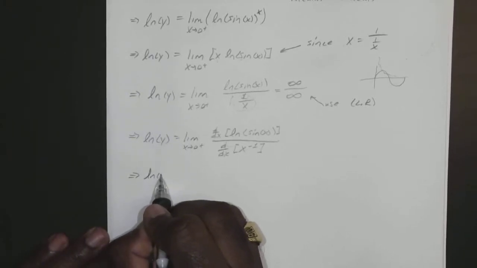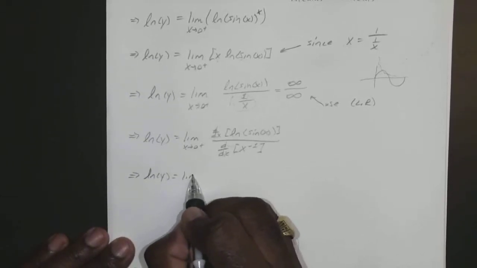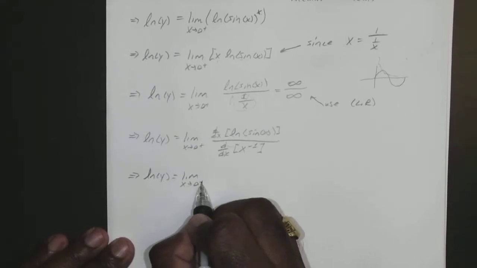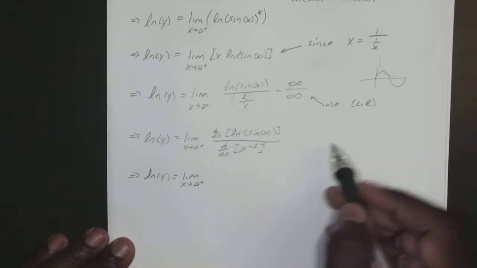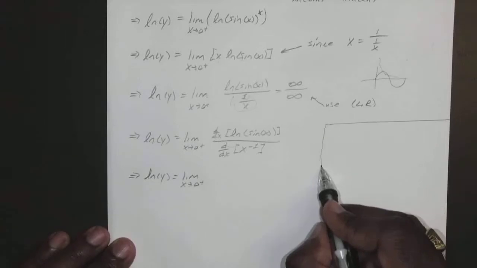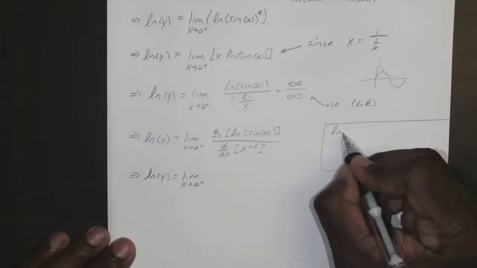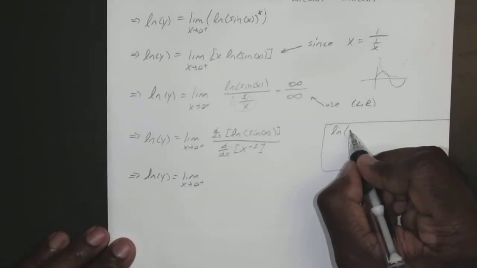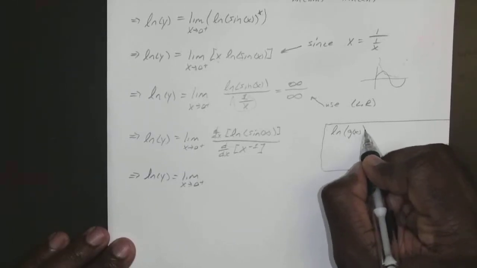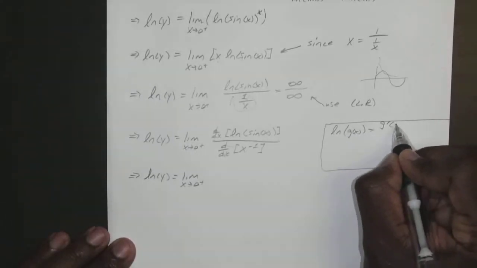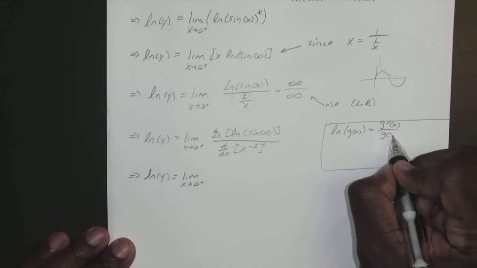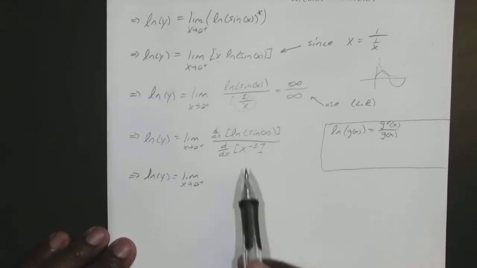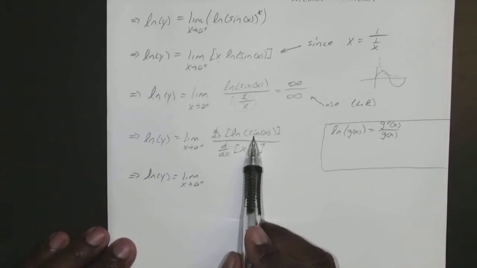Remember, the derivative of natural log of some g of x is g prime of x over g of x. So this will be equal to cosine over sine.